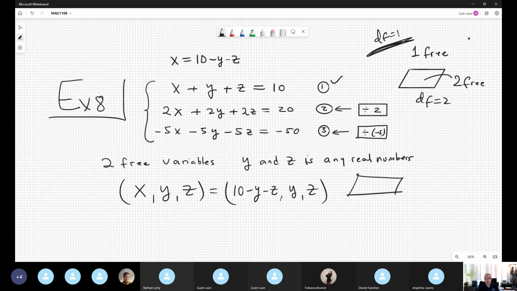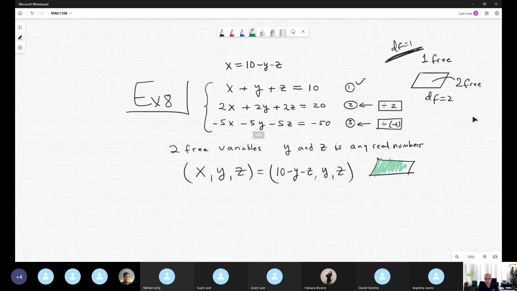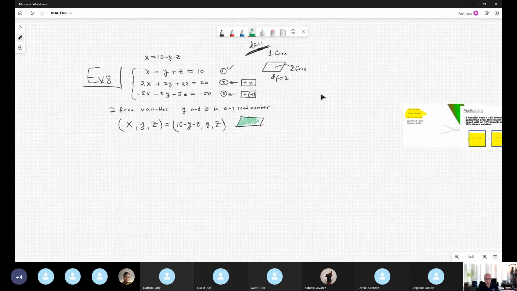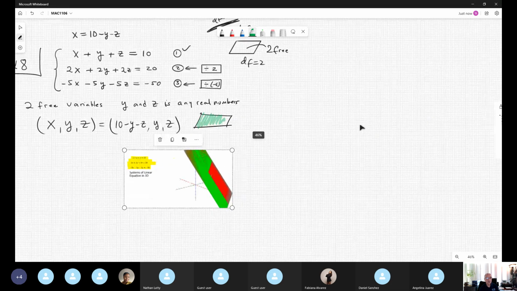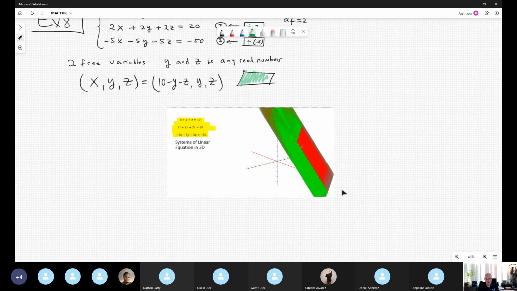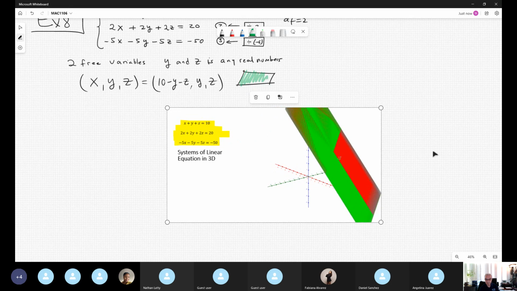By the way, I want to show you the simulation. This is another thing that you should do now in Calculus 3, that the students who need to take Calculus 3 will see a graphic of a plane in 3D, but not here. Look at that. This is the system. I discover the green plane, the red plane, and the yellow overlap.